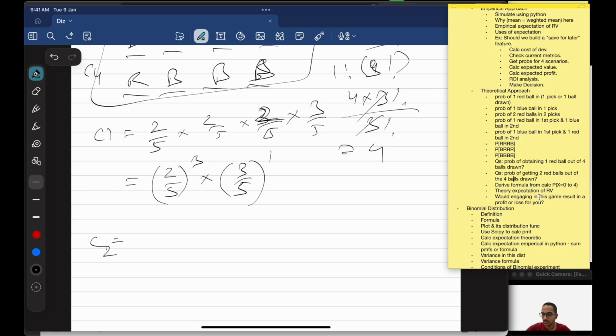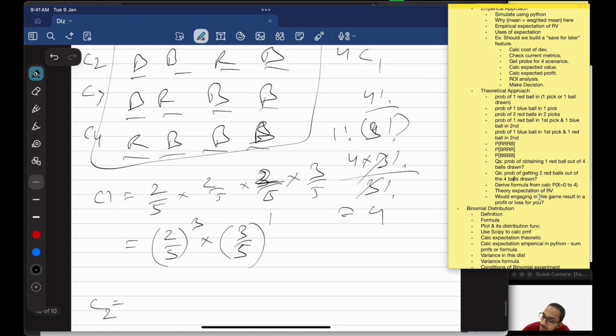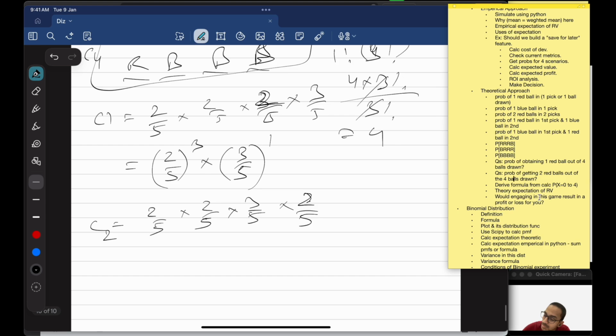So this probability will remain the same, but if we compute just one more, just for example's sake, you'll have 2 by 5 blue ball, red ball and blue ball. Once again, same probability: 2 by 5 whole cubed times 3 by 5 power 1.